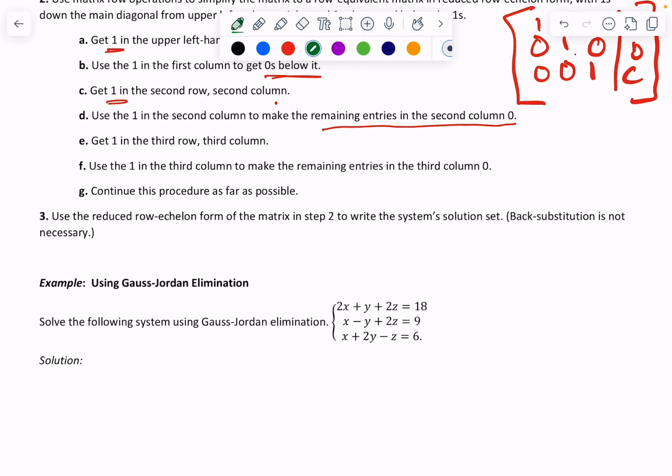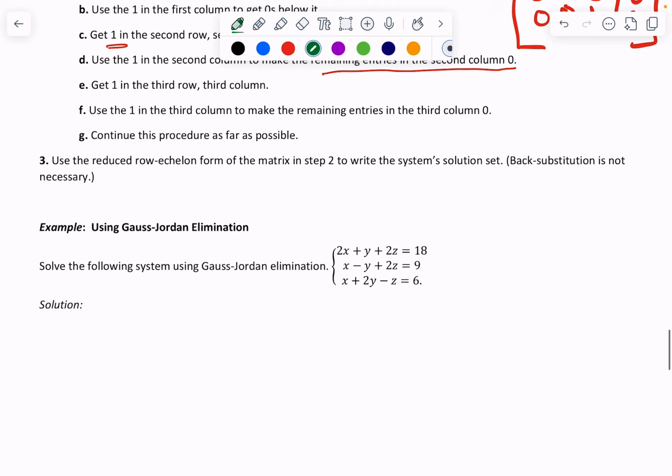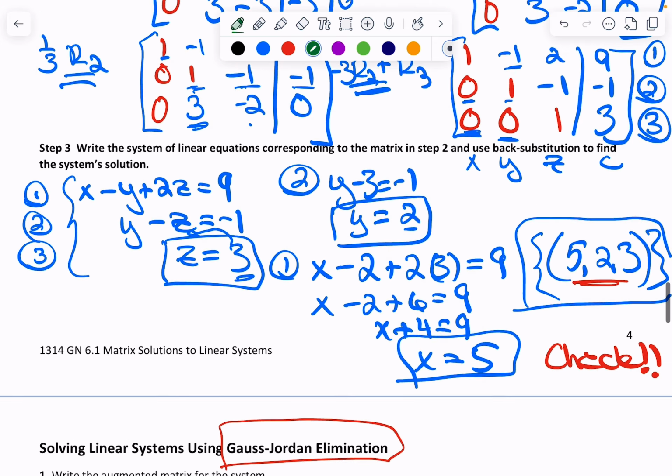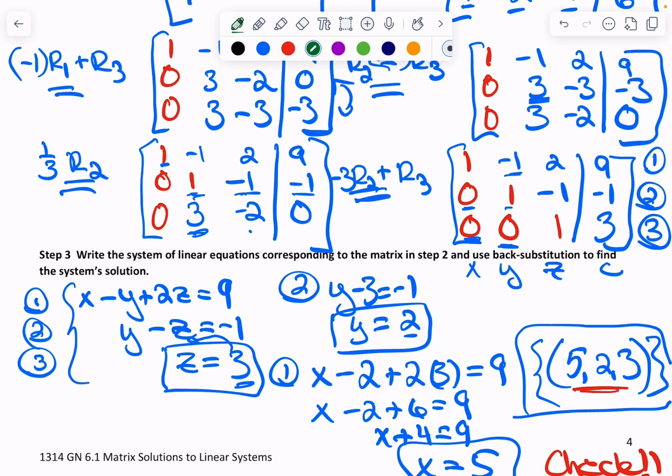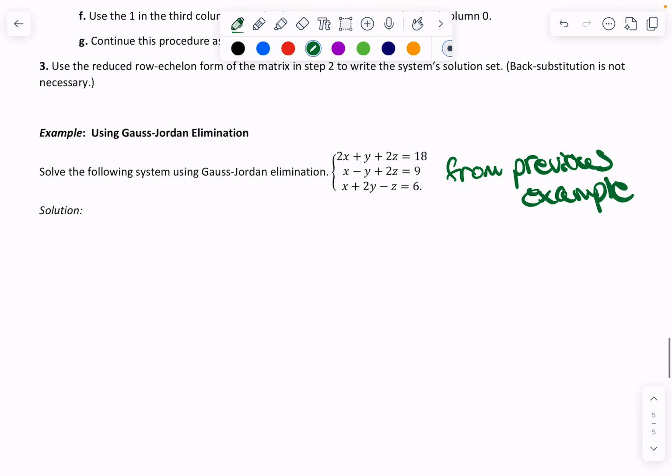So I'm going to continue from the previous example because there's no point in going through all the steps that we did. I'm going to take this one right here, and we're going to continue from there.